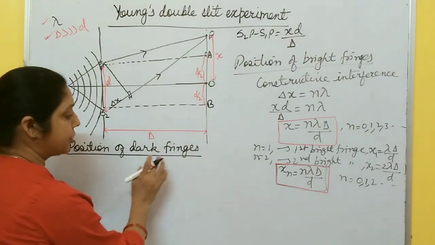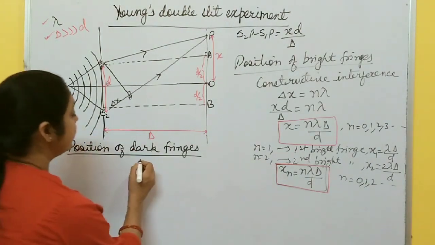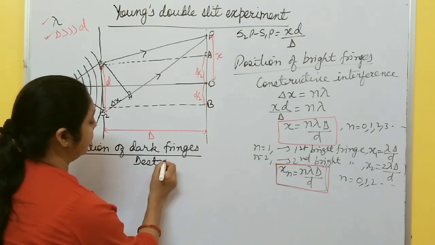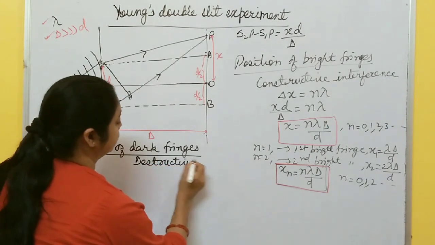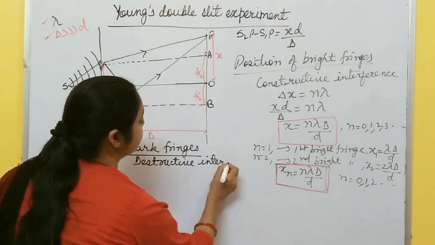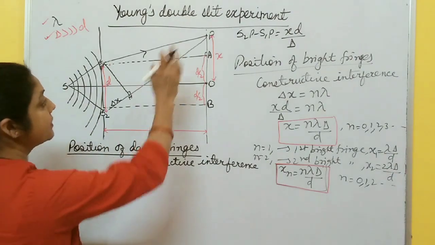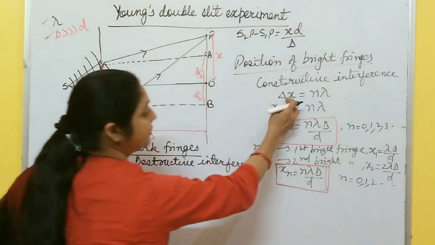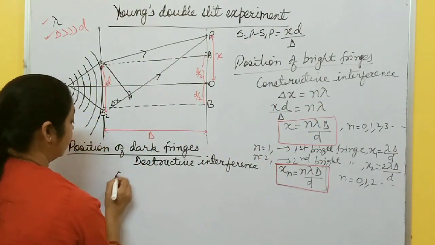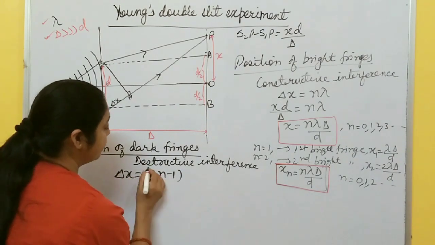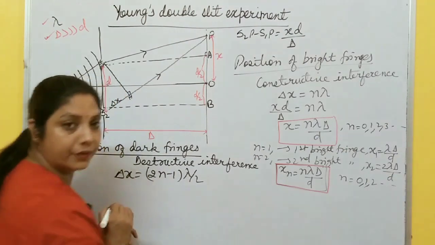So, for the position of the dark fringe, it means destructive interference, minimum intensity. What is the condition for that? When minimum intensity is formed at point P, the path difference Δx is an odd multiple of λ/2.